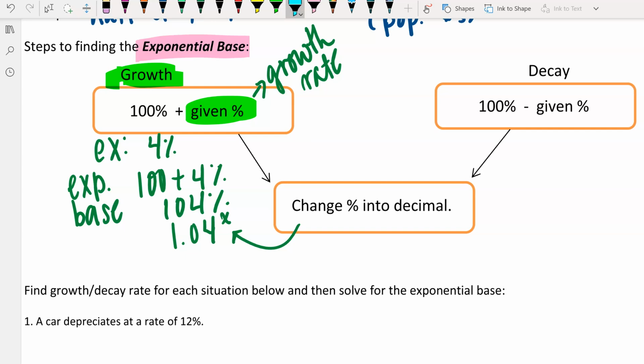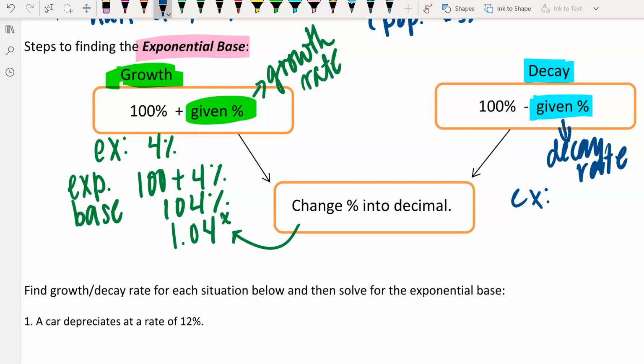So then same thing for decay. Your decay rate, or the rate of decay, that's the percent given, and you're actually going to subtract that from 100%. So again, let's say we had a population decrease, like an animal population decrease of 5%. We would take the 100% and subtract the 5%.